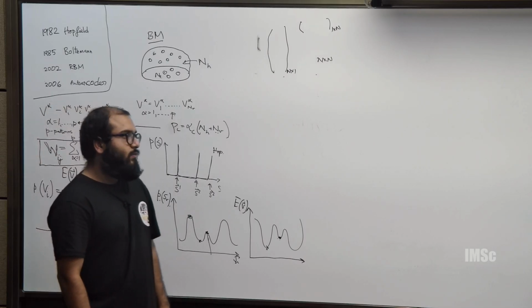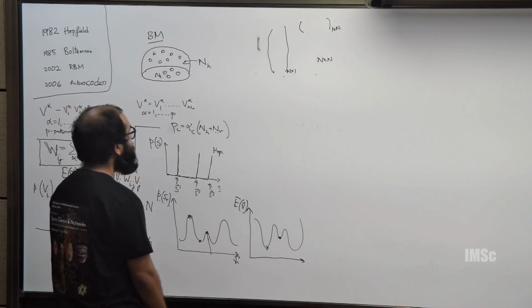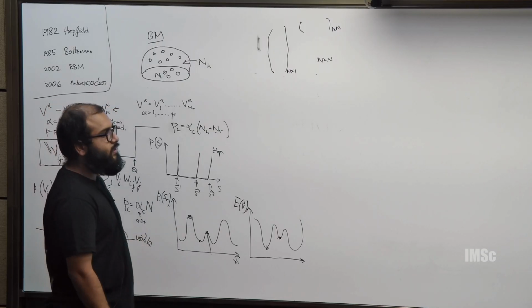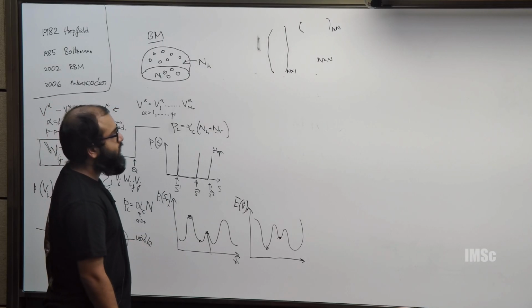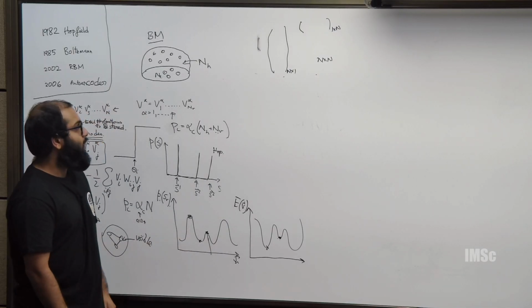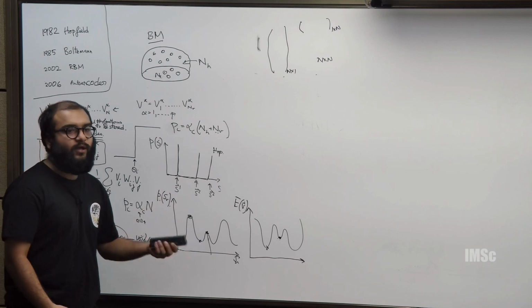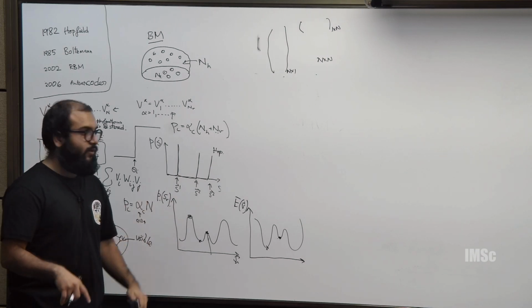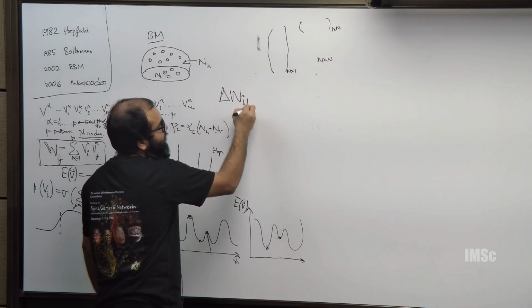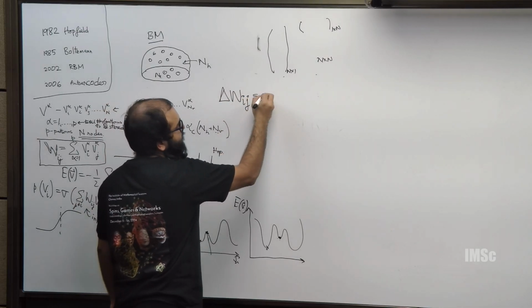So what Hinton and others did was they took the Kullback-Leibler divergence of two distributions as the learning rule. I don't know if you're aware of gradient descent, right?